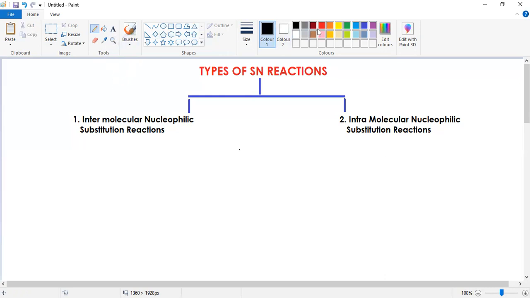So first of all, intermolecular nucleophilic substitution reactions means that here inter means between. Inter means what?